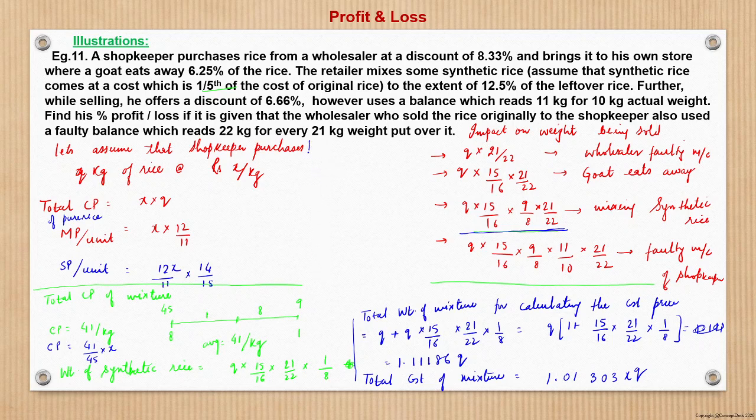Now total selling price, we know total selling price we can find out here, because it is total SP per unit into quantity, right?